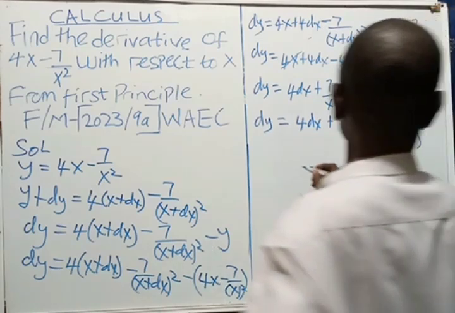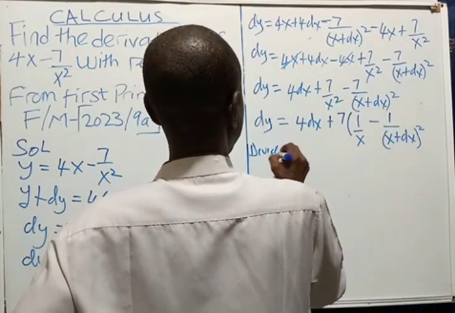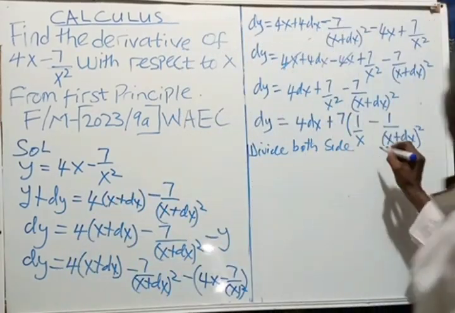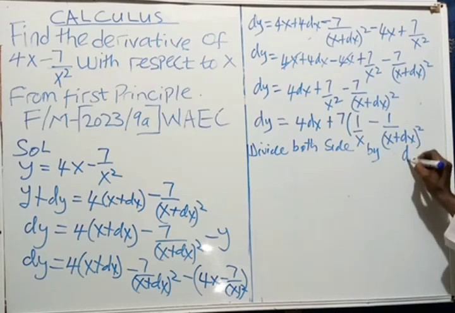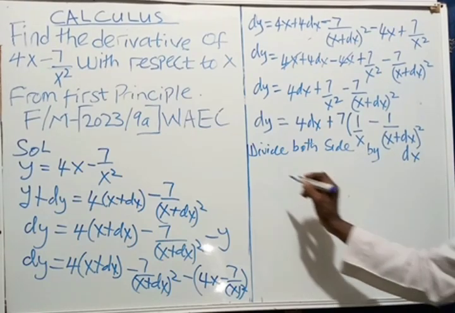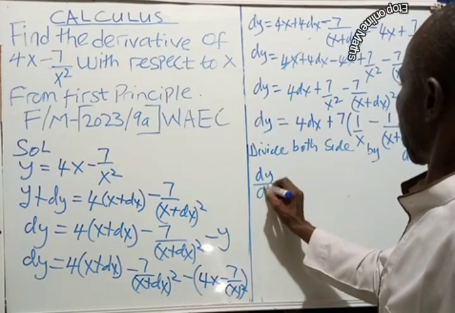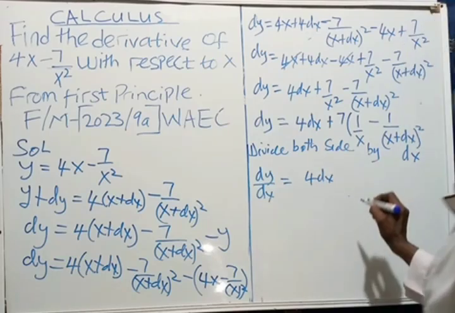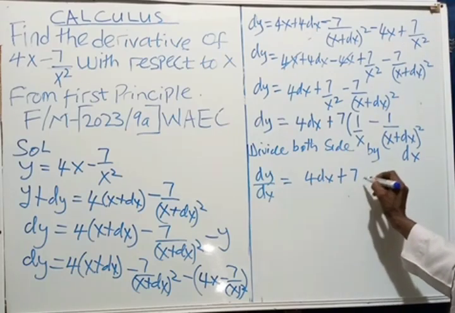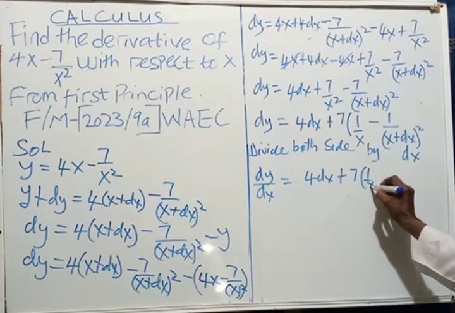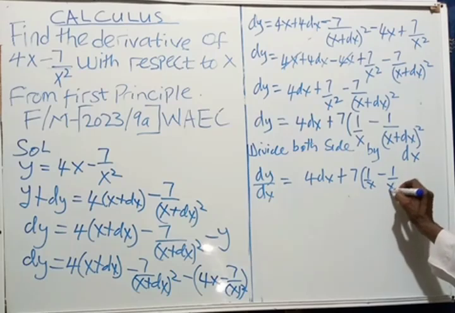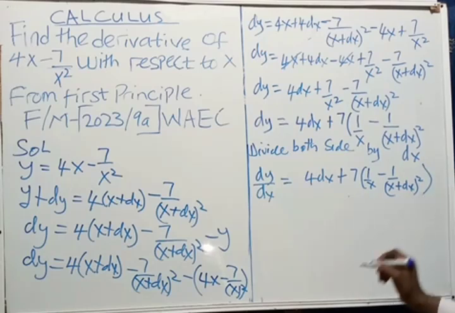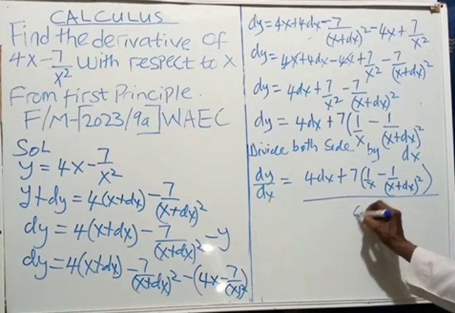I now divide both sides by dx. When I do that, I now have dy over dx equals 4 dx plus 7 into 1 over x squared minus 1 over x plus dx raised to power 2, in bracket, divided by dx.